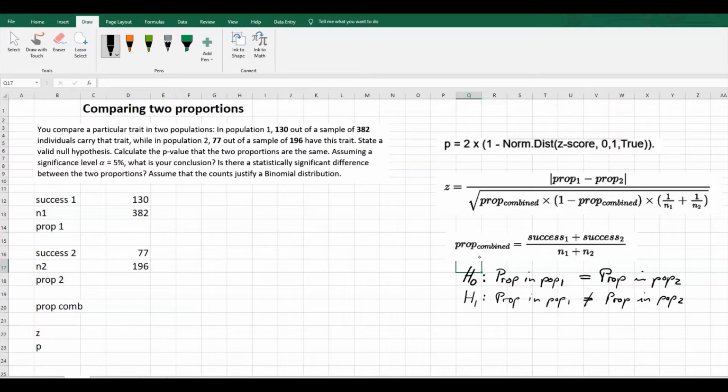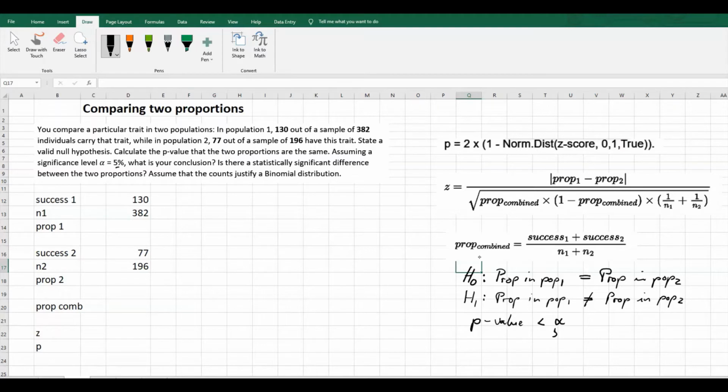And we would also specify a criterion when we would reject the null hypothesis: we would reject the null hypothesis if the p-value that we calculate is smaller than the type 1 error or significance level, alpha, which we set to 5% here.